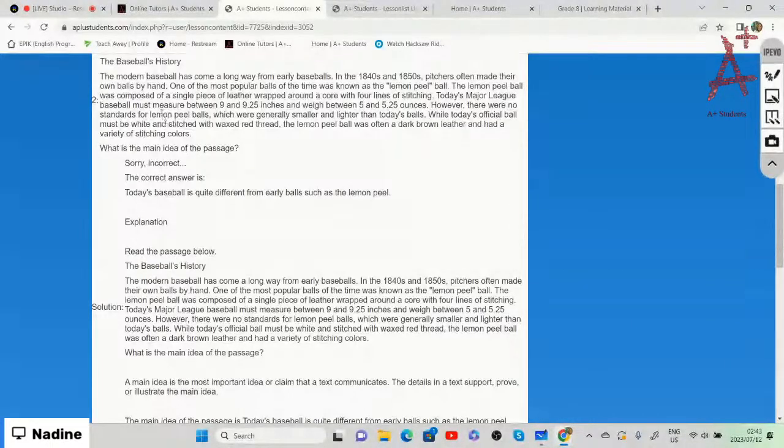All right, so now we need to basically say what the main idea is within this passage. We're going to read the passage again, and as we're reading it, we will identify the main ideas.